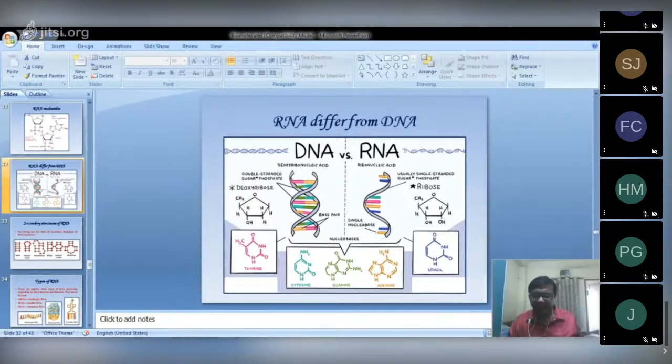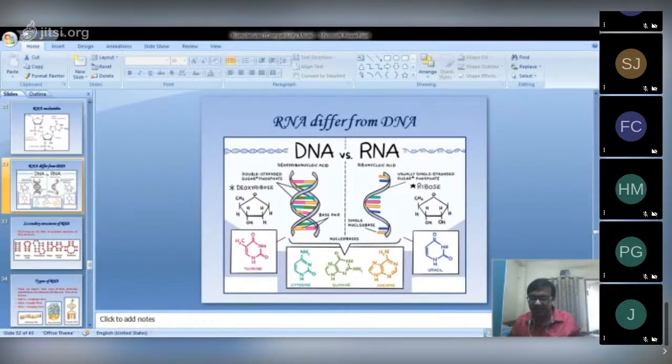Yes. Very good question. Actually, I told this also, that Z form of the DNA is not actually present in the biological system. This is a probable DNA structure that we can form in vitro. The structure it has does not suit our biological system.